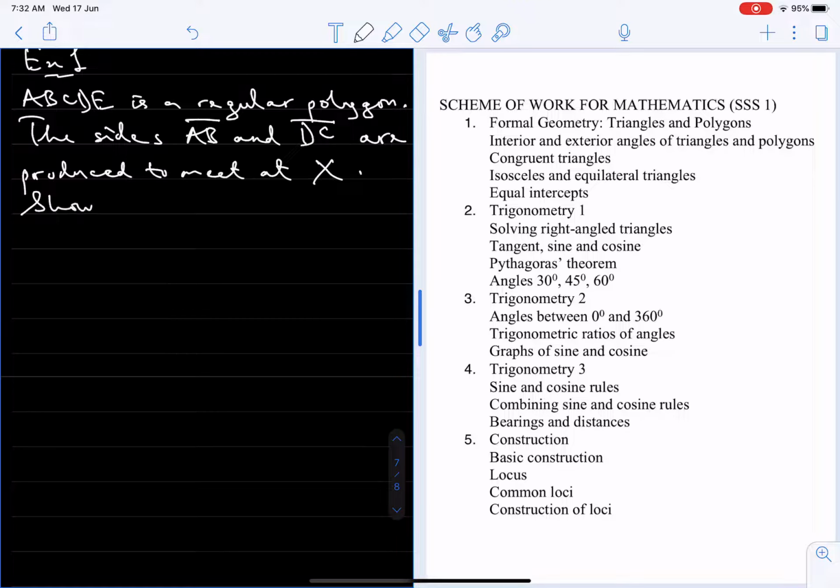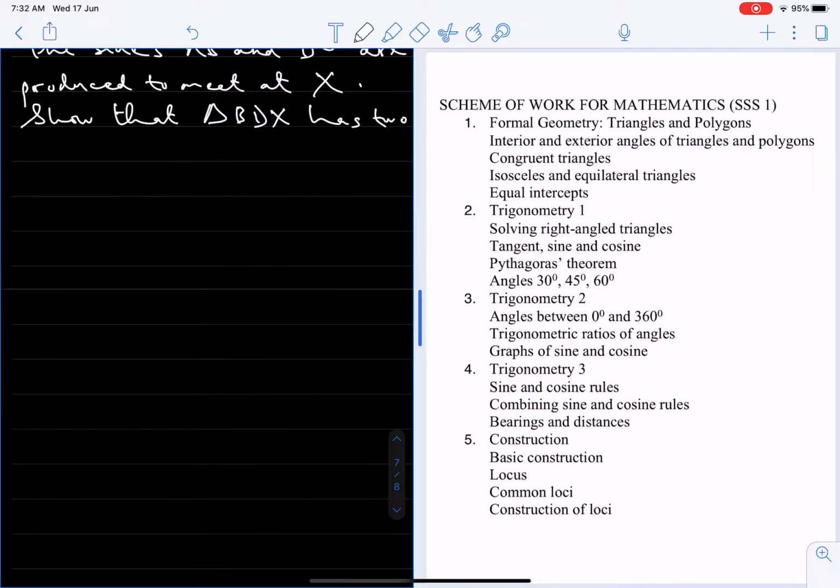Show that triangle BDX has two equal angles. If triangle BDX has two equal angles, that means triangle BDX is isosceles.